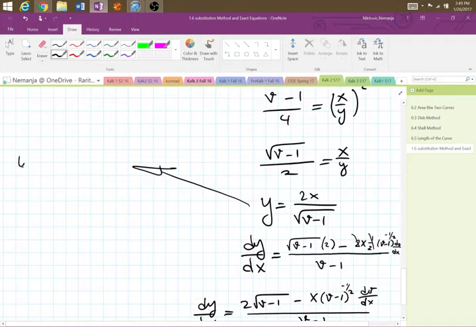You have y equals 2x times (v minus 1) to the negative 1/2, and you do the product rule for this.